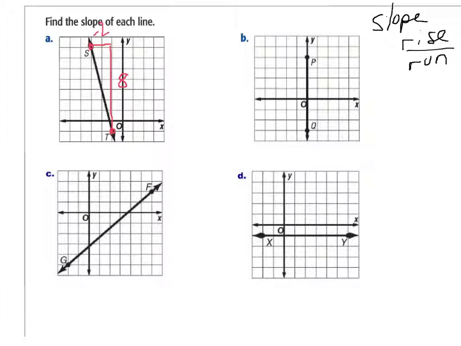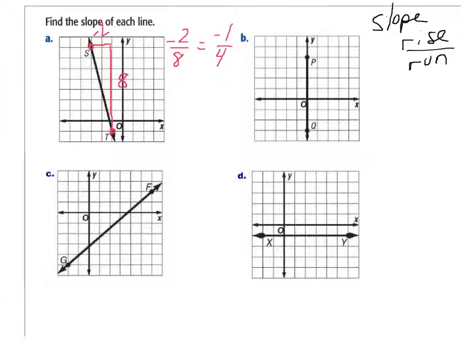Negative because I went left. So my slope here for A is negative 2 over 8. Now that fraction can be reduced because both numbers are even. So I can divide them both by 2, and that will simplify to negative 1 over 4. So that's for A.